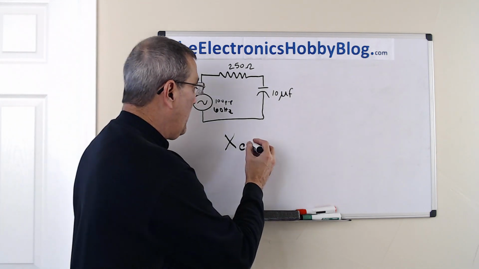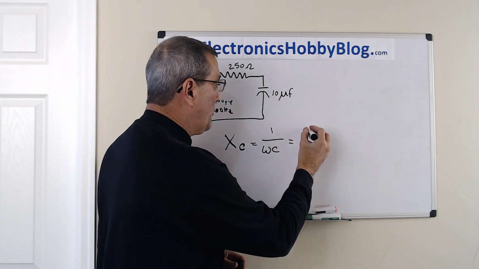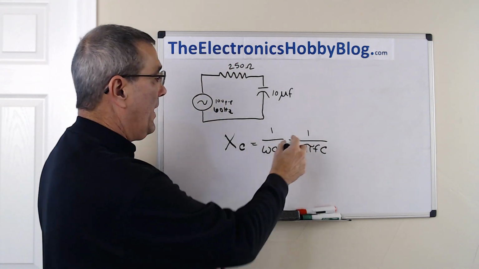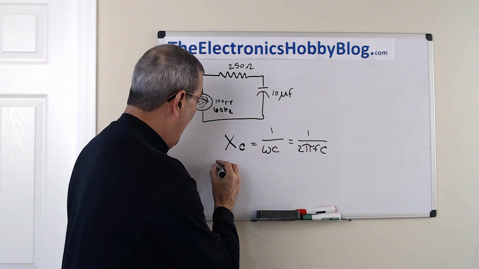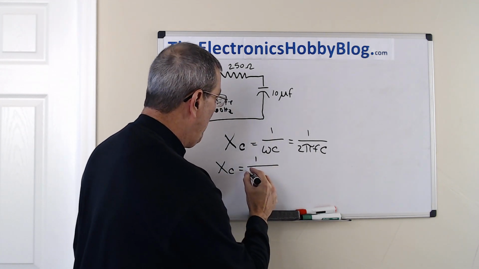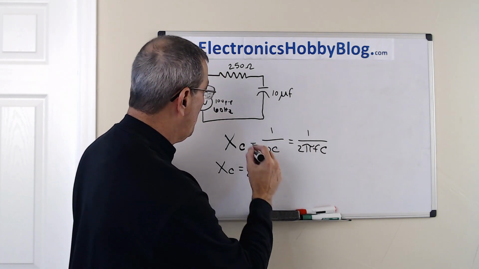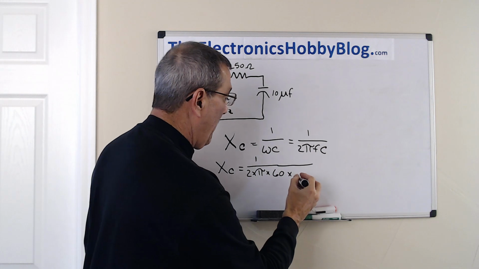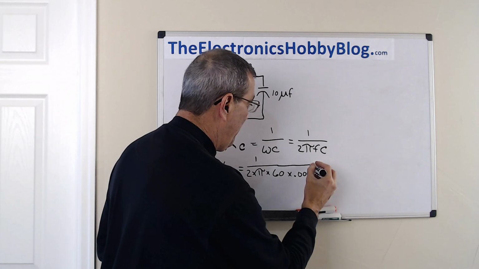X sub C equals 1 on omega C, which is also equal to 1 on 2 pi F C. Remember, omega equals 2 pi F. So to calculate the reactance, X sub C, which will be measured in ohms, we take 1 divided by 2 times pi times the frequency, 60 in hertz, times 10 microfarads in farads, so 0.00001 farad.